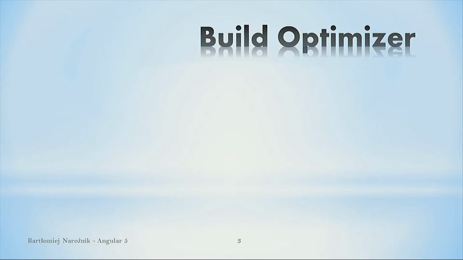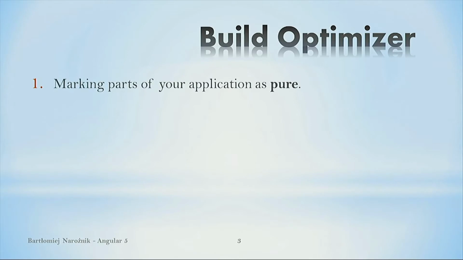So let's start with the build optimizer. There were some changes in the build process for Angular. The build optimizer is a CLI tool which has two main tasks. First is marking parts of Angular as pure. What it basically means is that if a function is marked as pure and its result is used nowhere, it can be safely removed.